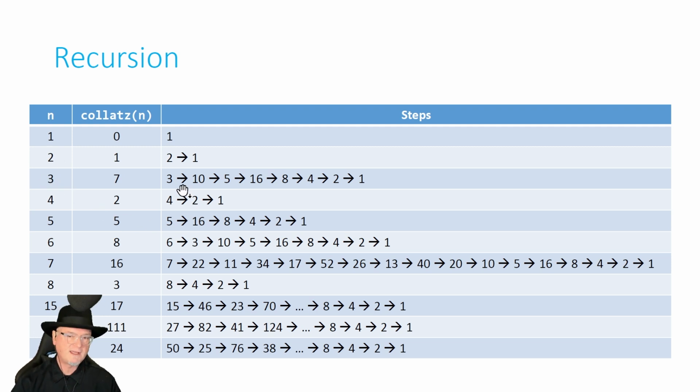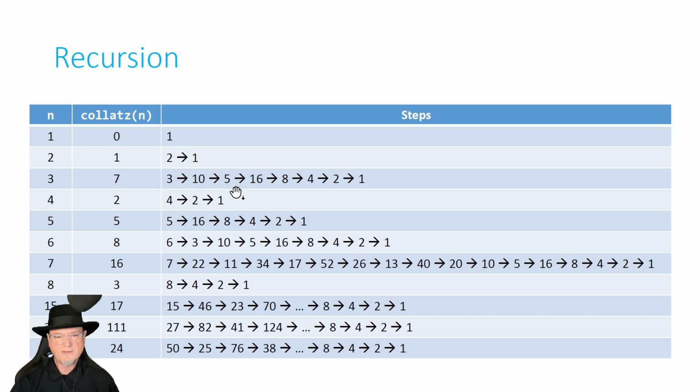And what we do here is we take 3. It's not 1, and it's not even, so it's odd. So we're going to multiply it by 3 and add 1. It gives us 10. Click back up to the function. 10 is not 1. It is even. We divide it by 2. We end up with 5. 5 is odd.